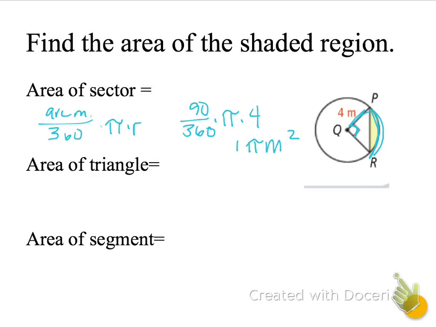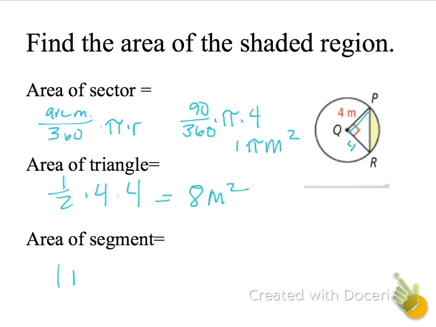Now let's find the area of that triangle. If this radius is 4, then this radius is also 4. The area of a triangle is 1/2 times the base, which is 4, times the height, which is 4. So 4 times 4 is 16, 16 divided by 2, we have 8 meters squared.